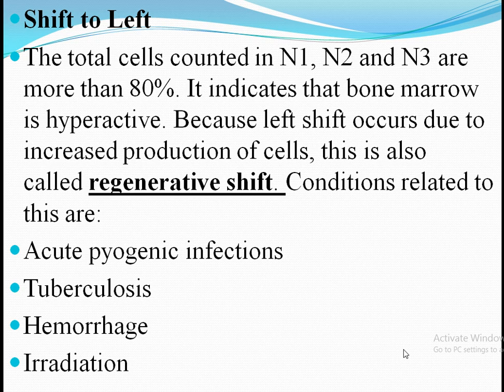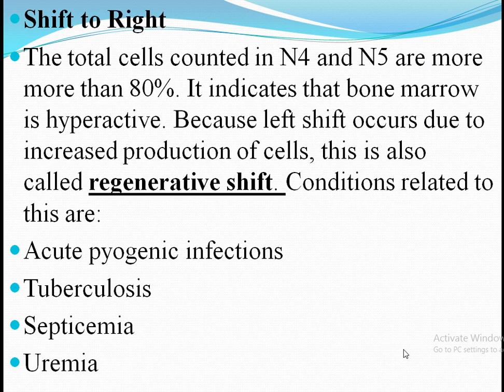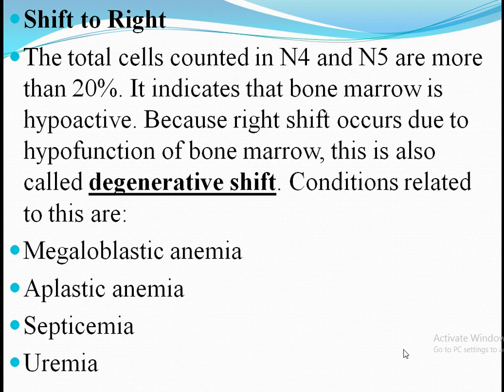Obviously, the immature cells are not able to perform all the functions as the mature ones. If the count decreases or shifts to the left, it is indicative of a disease process like acute pyogenic infection and so on. Same for the shift to the right.